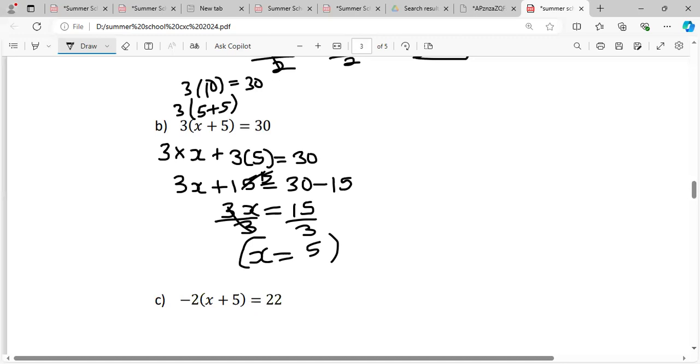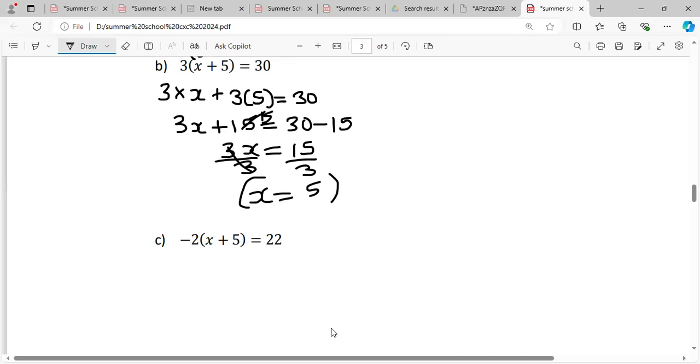So we're multiplying by negative 2. So it's negative 2 times x plus negative 2 times 5, and that gives you 22.